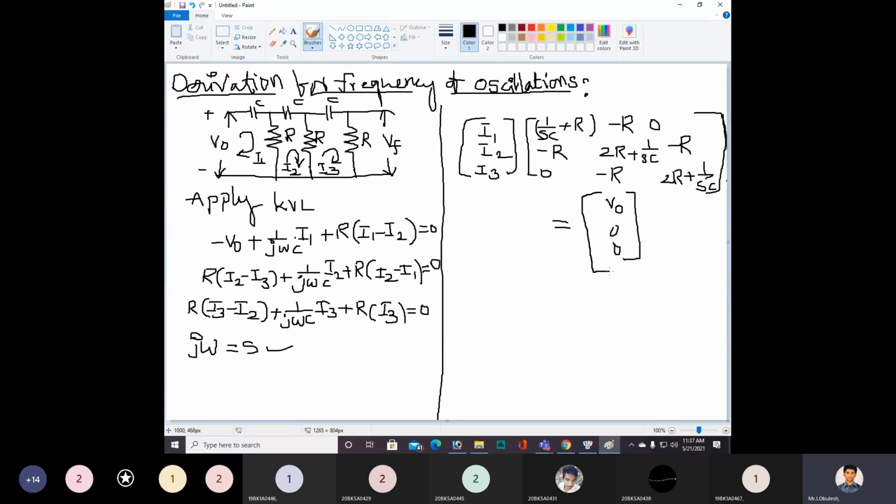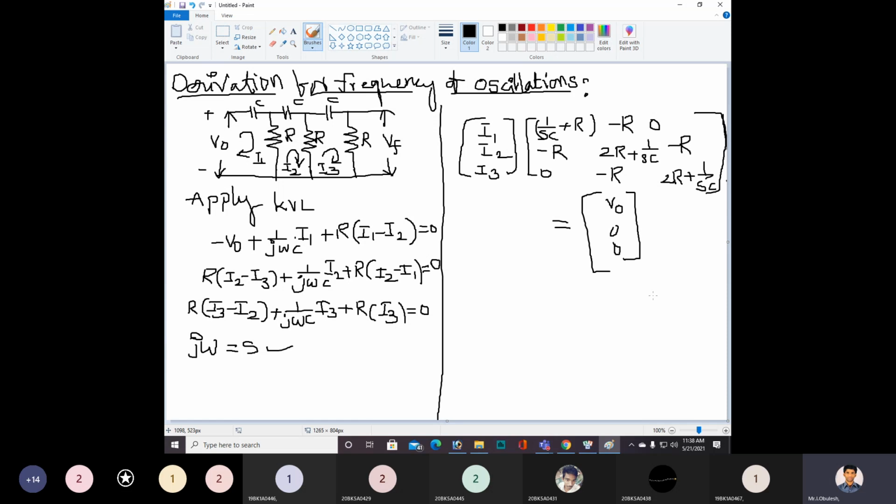So like that you need to write the three equations in matrix form. Okay? I1, I2, I3, then 1 by SC plus R, minus R, 0, minus R, 2R plus 1 by SC, minus R, 0, minus R, 2R plus 1 by SC is equal to V naught 0 0.